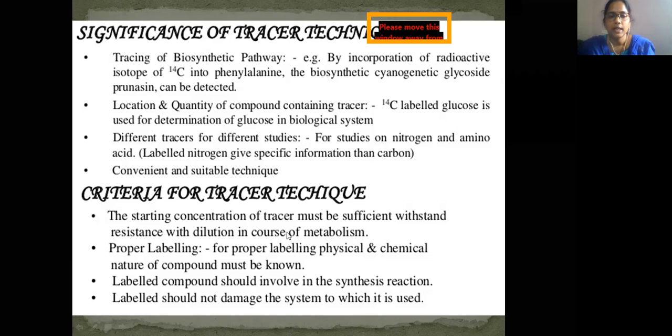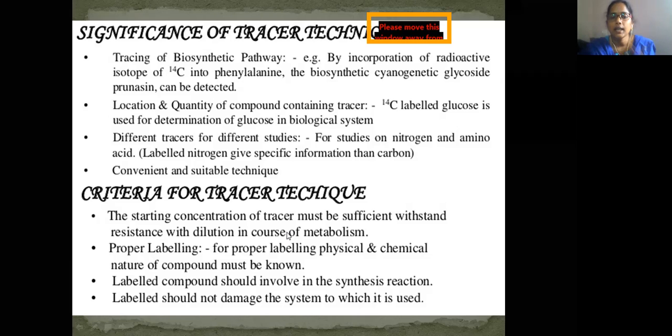If I am using radio labeled erythrose 4-phosphate, in which I introduced carbon, C14, then from erythrose 4-phosphate till the formation of aromatic amino acids, the carbon 14 isotope which I introduced must be available till the completion of this pathway, that is till the formation of phenylalanine, tyrosine and tryptophan. These are the products formed after the shikimic acid pathway.